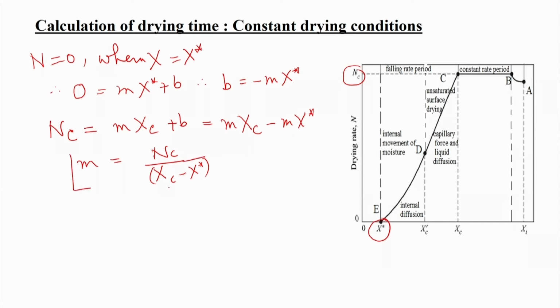So, we have got another relation, this one for m = n_c / (x_c - x*). So, whenever we reach this x*, the equilibrium moisture content, we see the falling rate time t_f.